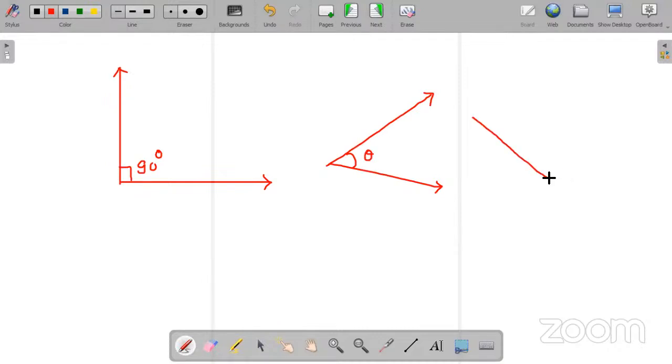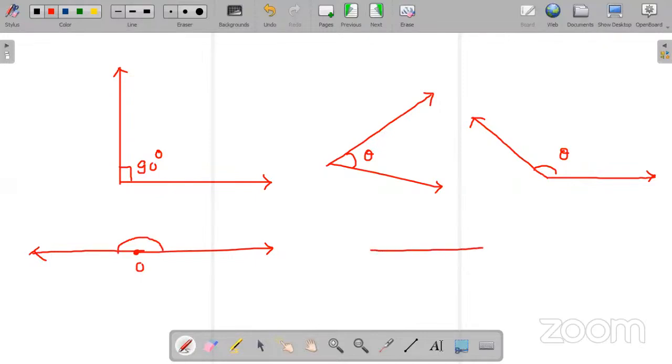This is an acute angle. For example, this angle is called a straight angle. Now you take this, this angle is called a reflex angle. If you take from here to here, this is called a complete angle.